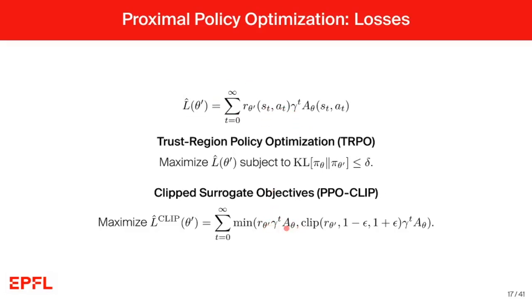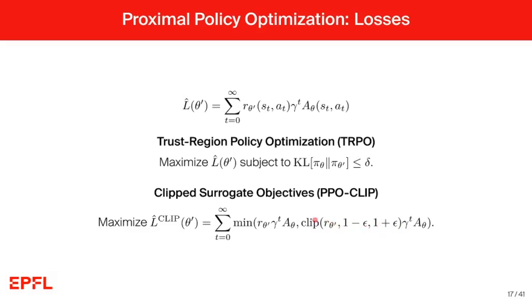unless there would be a large difference between the new and the old policy. To restrict the ratio between the new and the old policy to some range, one can clip here, meaning that this ratio is always between 1 minus epsilon and 1 plus epsilon.